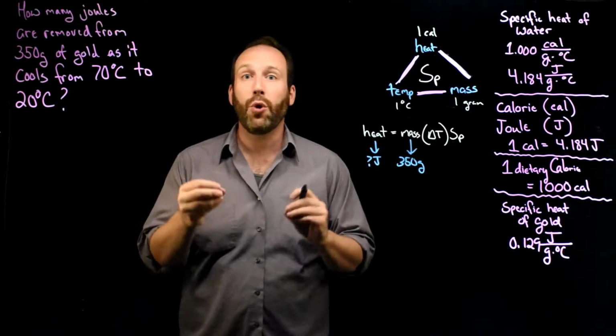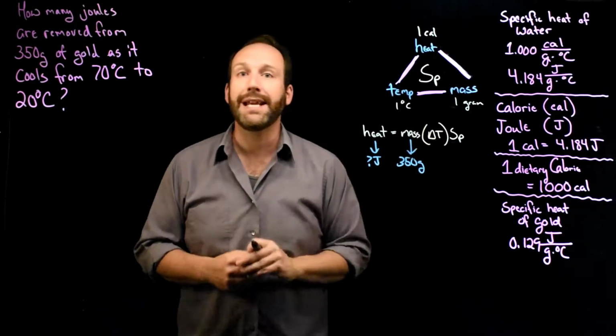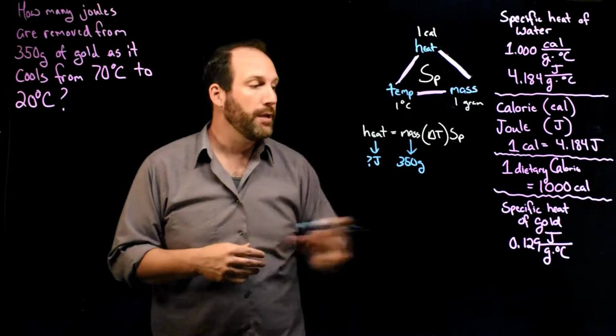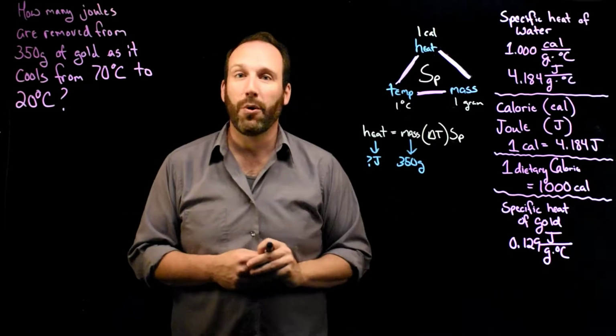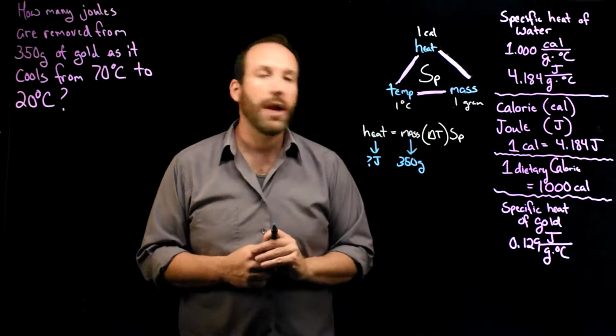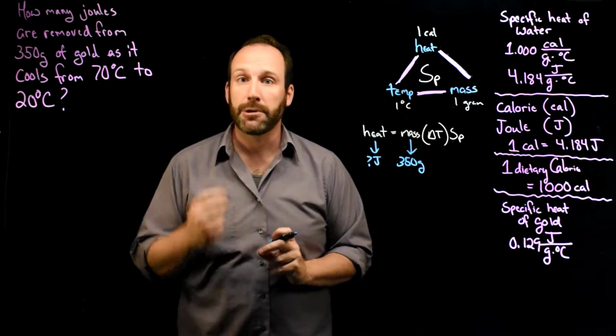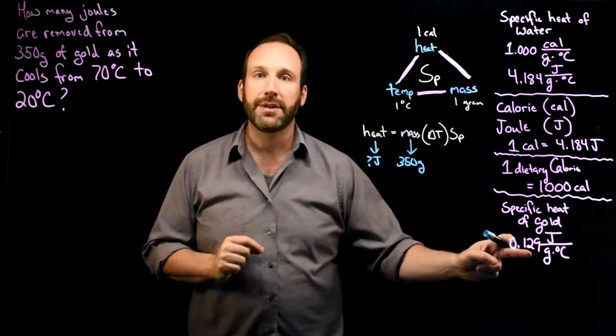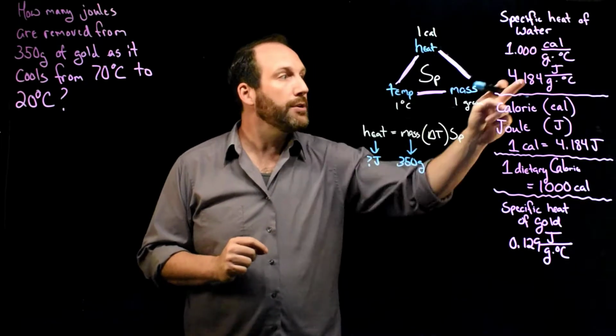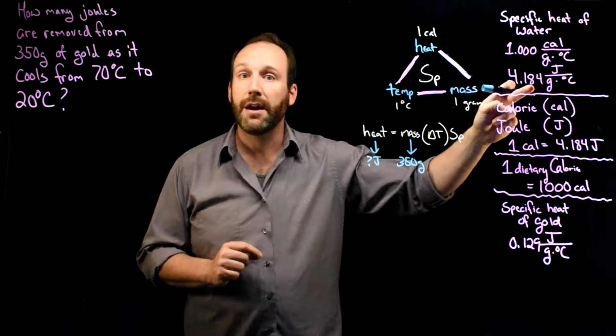And so because we have gold, we need a specific heat of gold. Okay, well, luckily I wrote it on the board, right? So the specific heat of gold is 0.129 joules per gram per degree Celsius. One thing to note here, look how small this number is compared to the number for the specific heat of water.